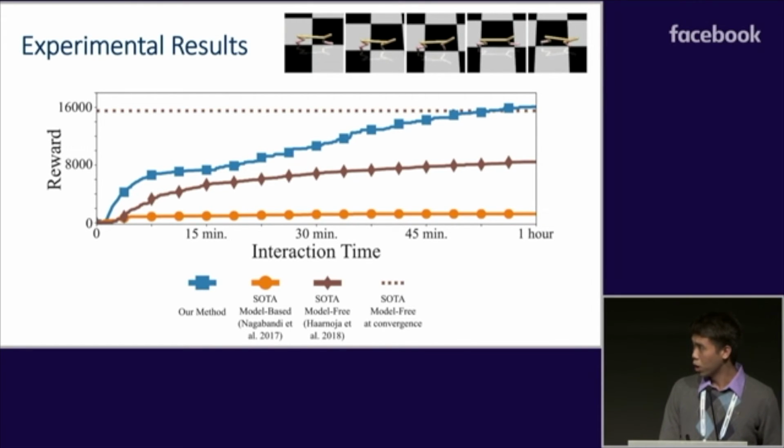In fact, we are able to achieve a running gait with the half-cheetah in under 10 minutes of interaction time with the environment, while the model-free algorithm requires several times more data to achieve the same level of performance. We called our algorithm PETS, which stands for Probabilistic Ensembles with Trajectory Sampling.